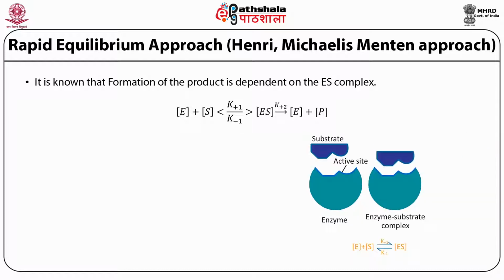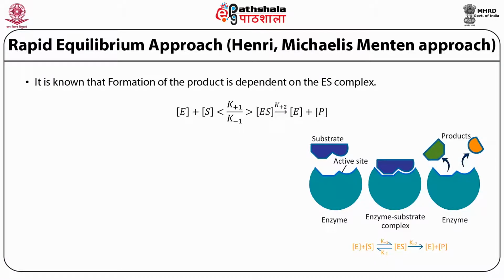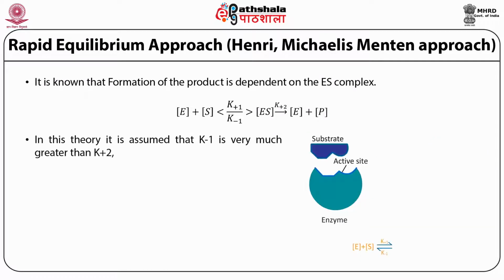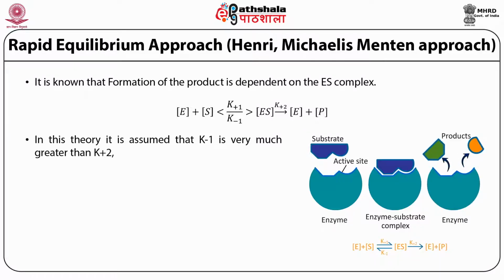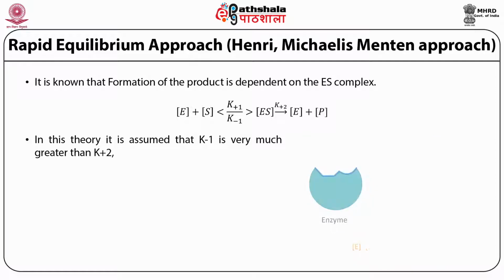If ES breaks back into free enzyme and substrate, it has a rate constant of K minus 1. In this equilibrium theory, it is assumed that K minus 1 is very much greater than K plus 2.